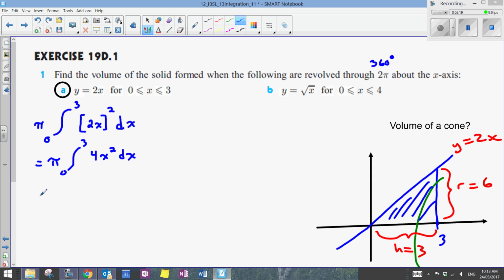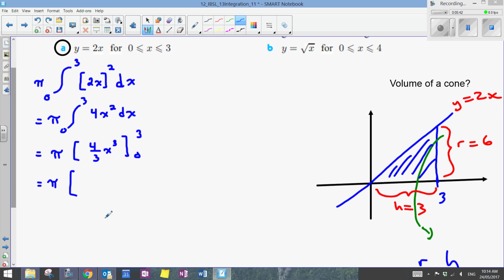Now I'll take the antiderivative, which is x to the third divided by 3, so we'll get 4/3 x cubed, and we will evaluate between 0 and 3. Pi can just stay on the outside because we're going to multiply our final answer by pi, so it just hangs out with us along this whole process.